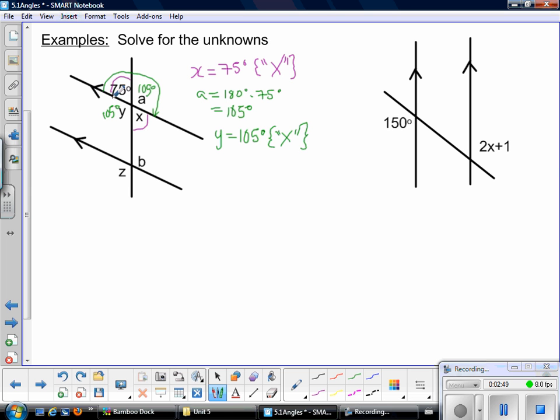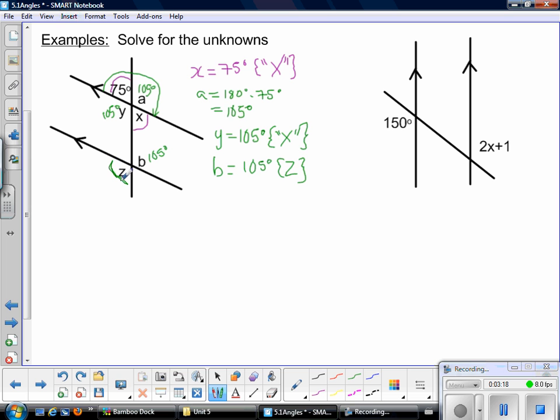Well, I do. Watch this one. Watch where my pen's going. So y and b are going to be equal to each other. So b equals 105 because it's an alternate angle. Okay, so the shape that we looked at was the Z pattern. Okay, so this is 105, and we have one more to find, and that is z.